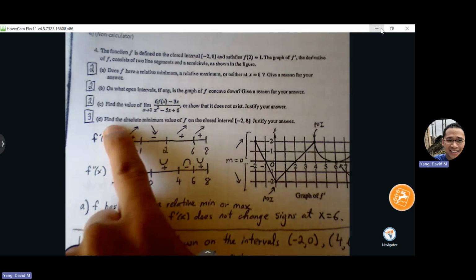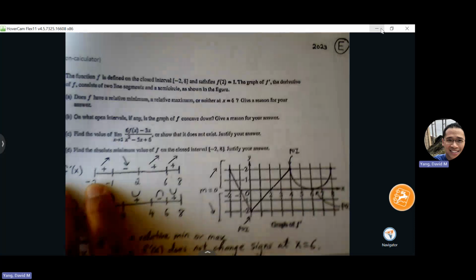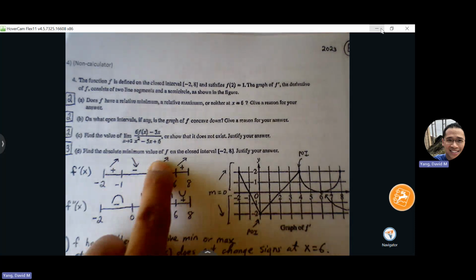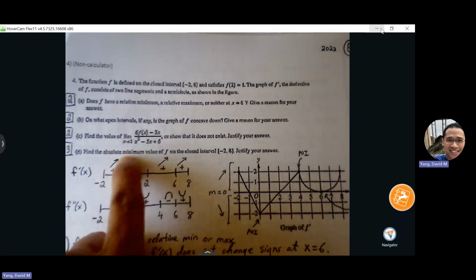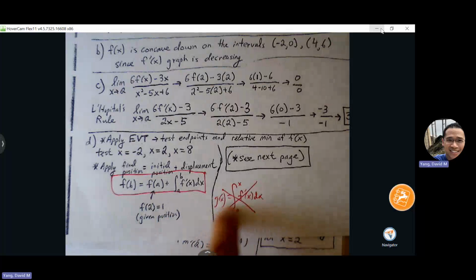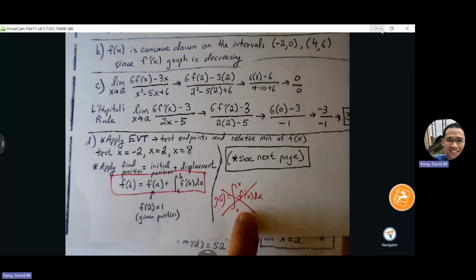And then this is page E, by the way. Find the absolute max and min. We should be able to recognize, oh, this is a need for EVT. And I did a help session this morning talking about how, if they give you a formula where you can find the area, then use that formula.